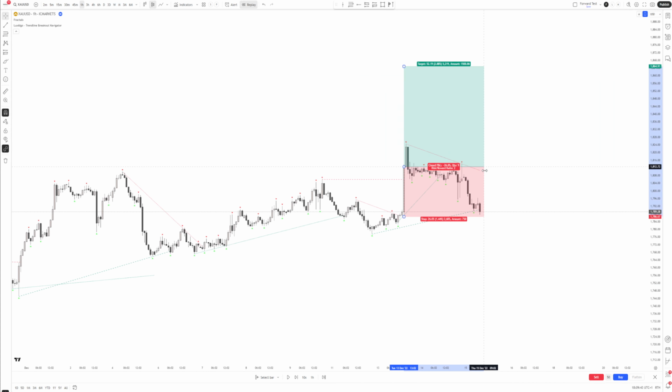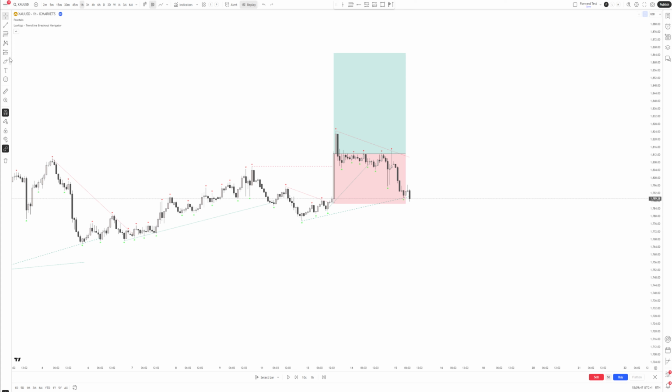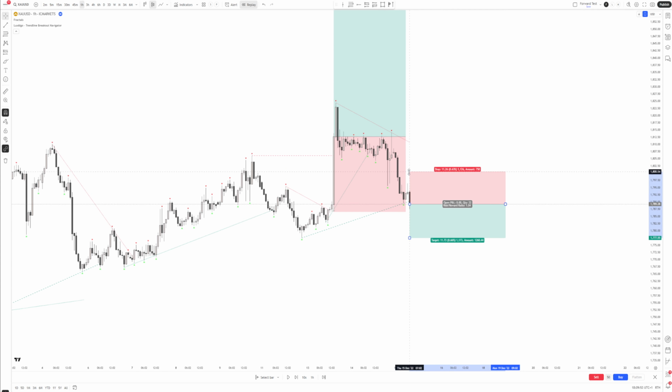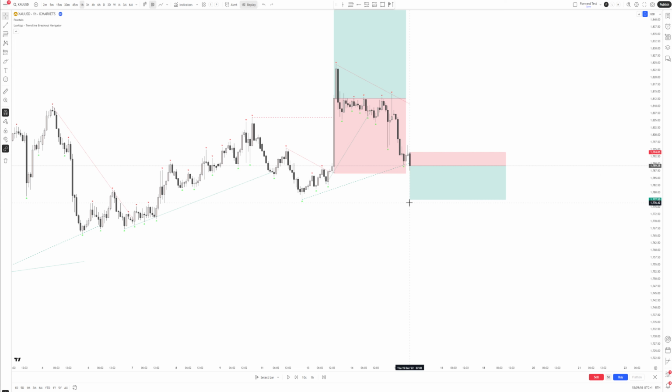So that would have been a stop out, and I would be looking at a short position there with your stop loss on that break there, and let's go for a 3-to-1, which is just about there.